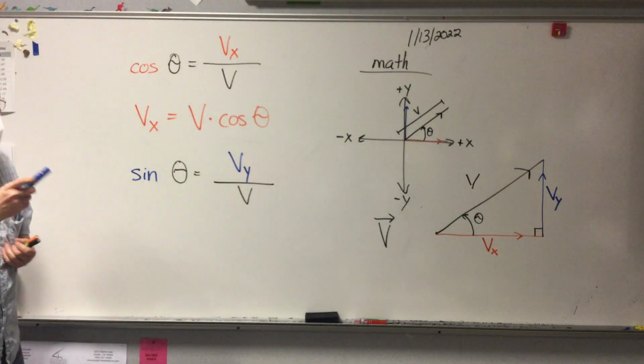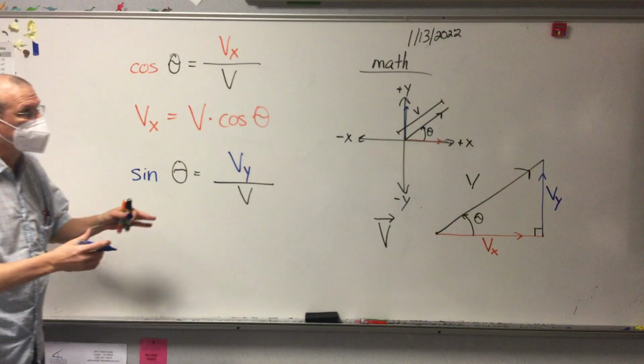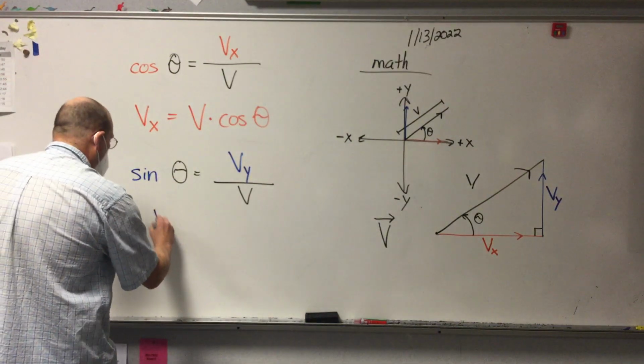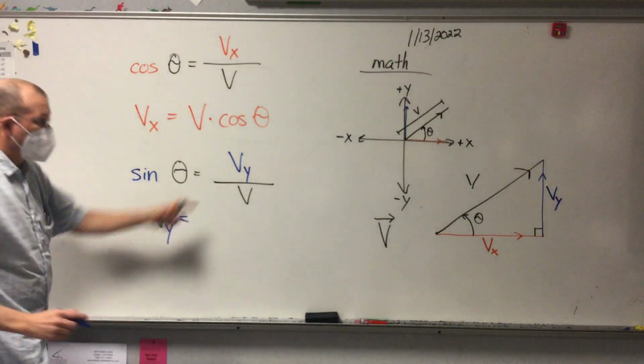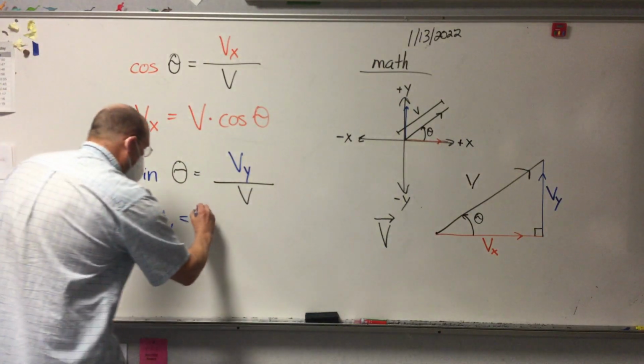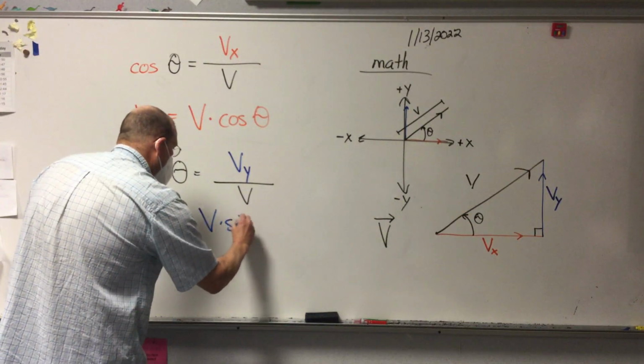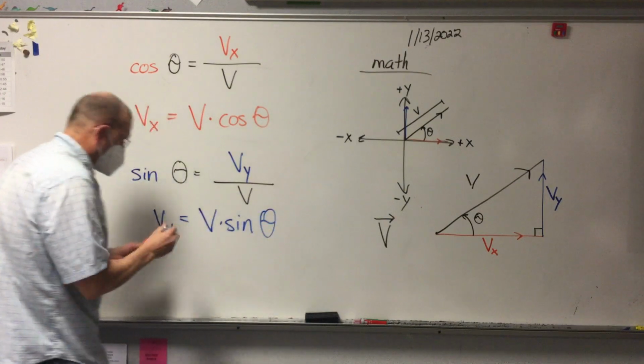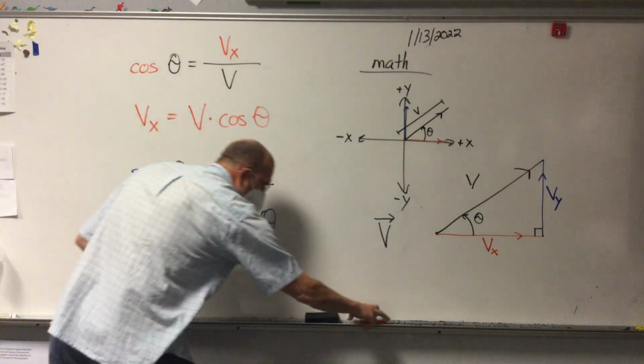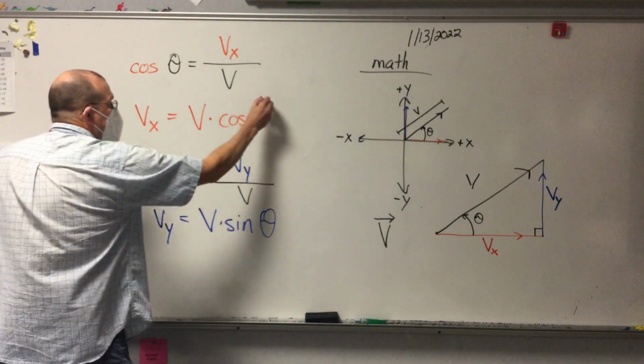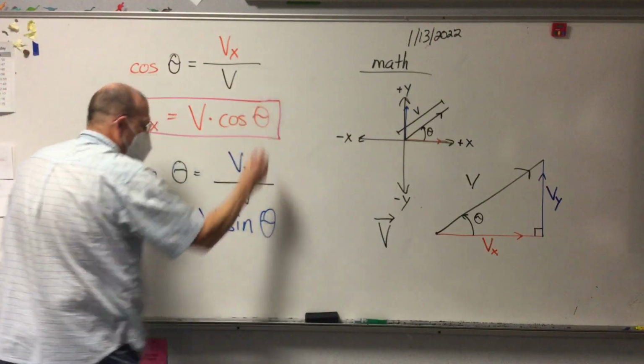So if what we need in order to play with the vector mathematically is Vy, we multiply across by the V and we get V times sine theta.